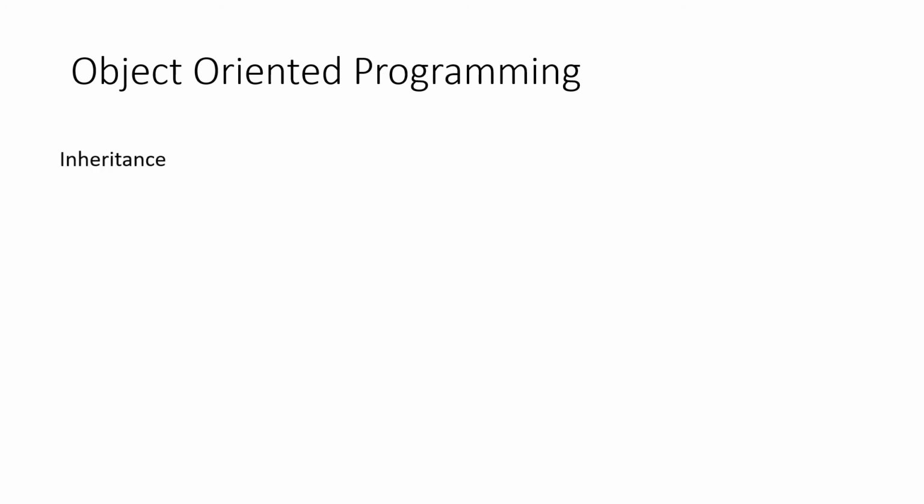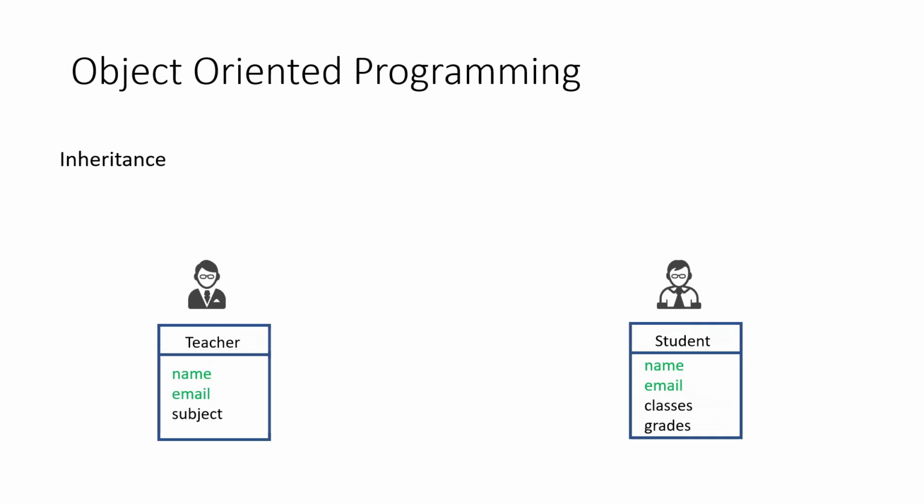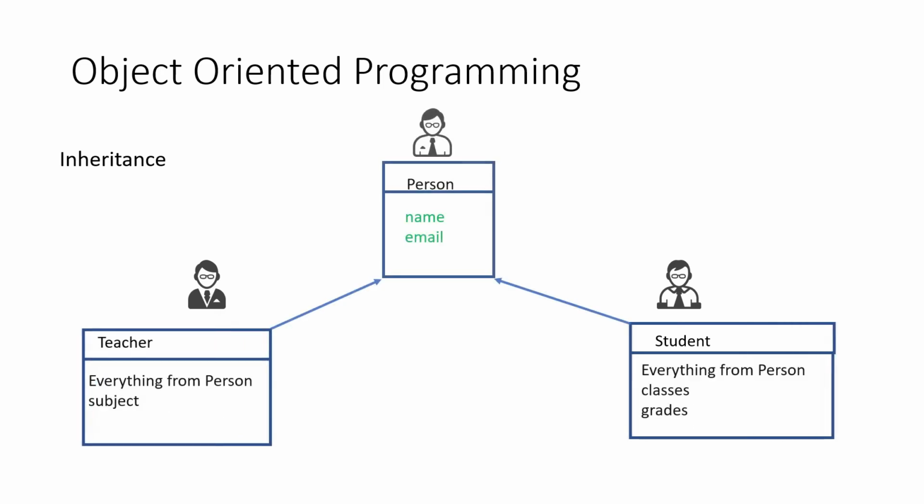Now, let's discuss inheritance. Suppose we have two classes having similar properties. For example, in both student and teacher classes, name and email are common attributes. If two classes are very similar, then we don't need to write them from scratch. We can use a parent class that has all the properties which are common in both of them.